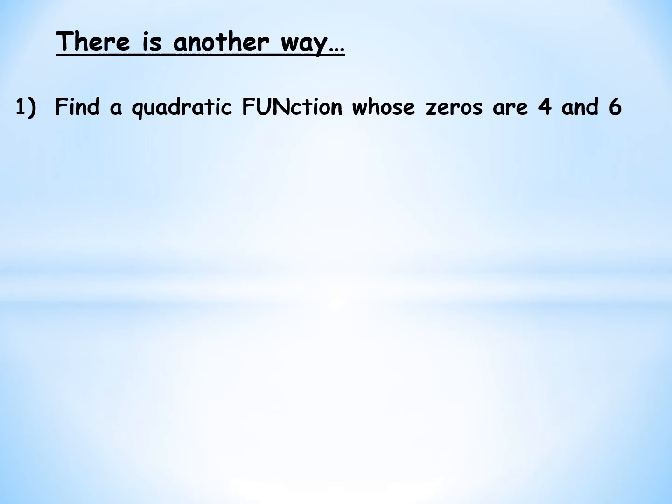There's also another way to find the equation. This is just an aside. You don't have to do it this way, but I just wanted to mention it. If you said find a quadratic function whose zeros are 4 and 6, we know that a quadratic has a certain pattern where the sum of the two numbers is the middle term, and the product of the two numbers is the last term.